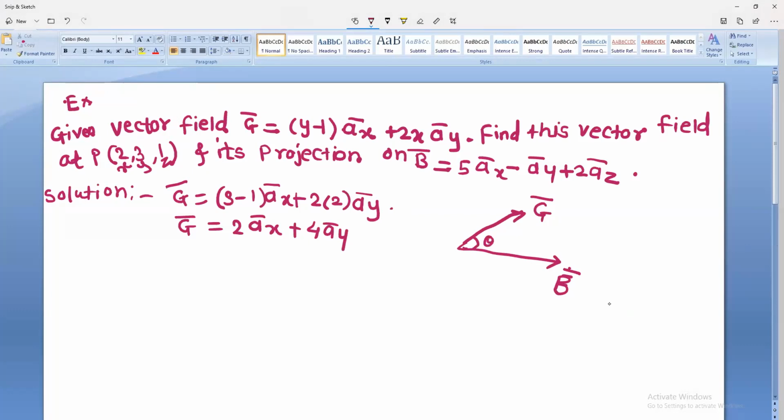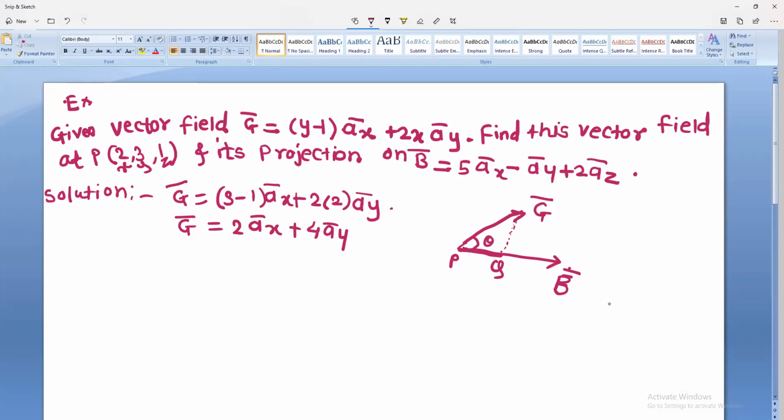Now to find projection of vector, consider this as point P and this as point Q, and this is nothing but the length of projection. Okay, this is the length of projection of vector G bar on vector B bar.